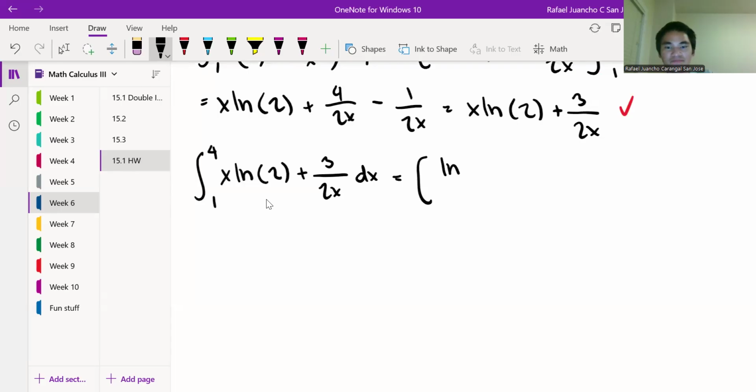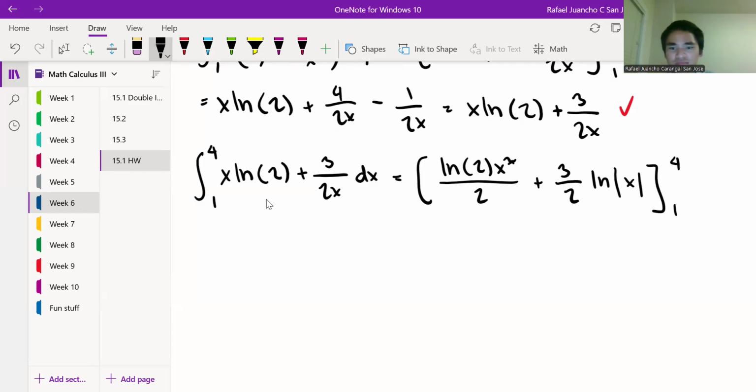So we could do something like this, right? And then this one is just 3 halves. 1 over x is ln of its absolute value. Then from there, let's see. I plug in my 4, I get 16 over 2. That's 8. So I get 8 ln 2. I added to 3 halves of ln 4. We don't know what that is.